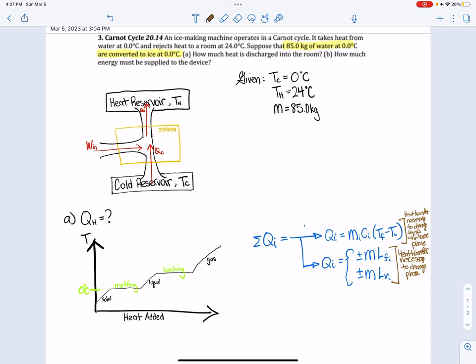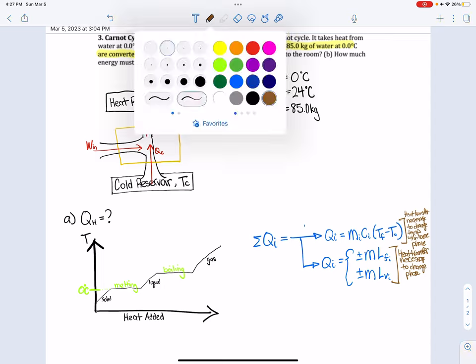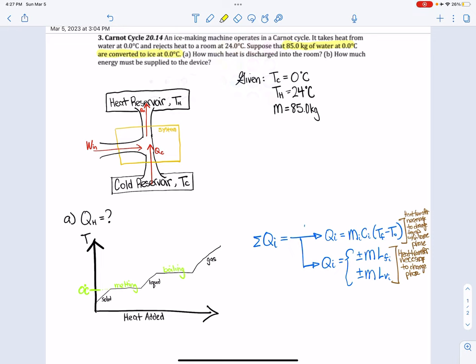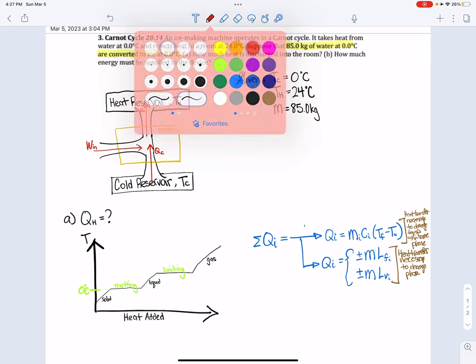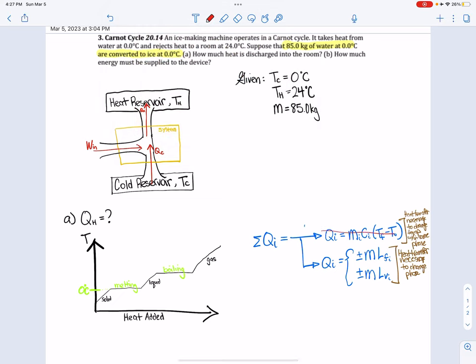Okay, so clearly the problem states we're dealing with 85 kilograms of water at 0 degrees Celsius converted to ice at also 0 degrees Celsius. Because there's no temperature change in the ice, we don't need to worry about this part of heat transfer, the part that's necessary to change temperature within the same phase.